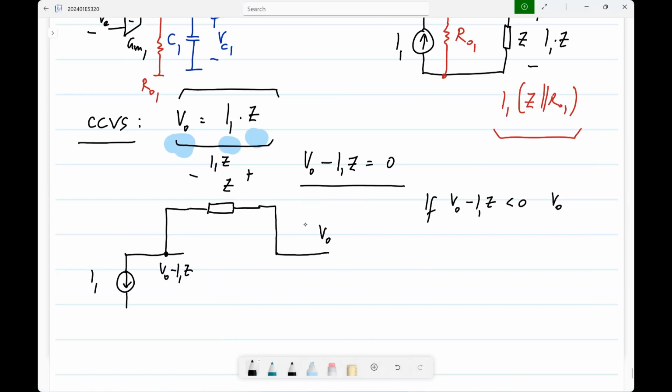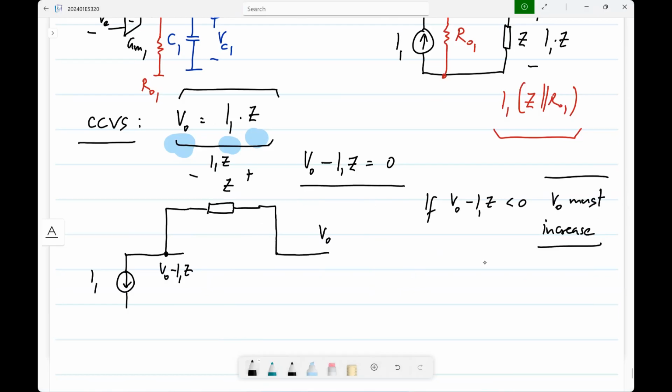V0 must increase. Right, if V0 minus I1Z is less than 0, V0 must increase, and of course vice versa.